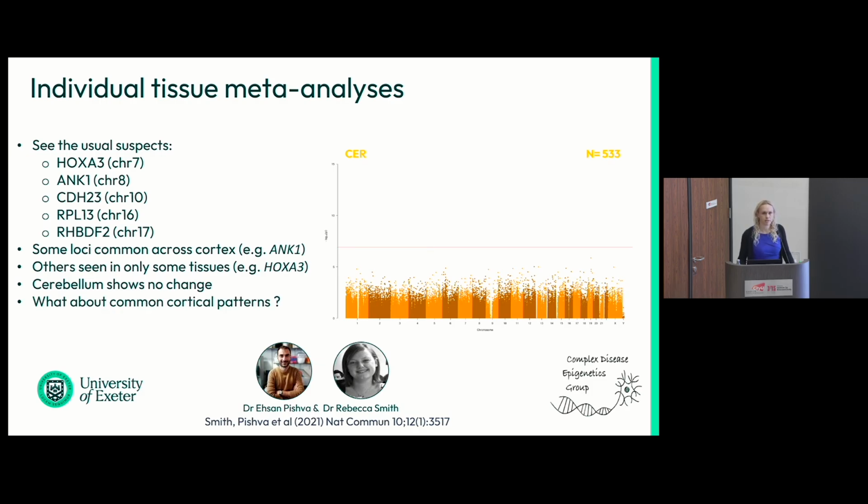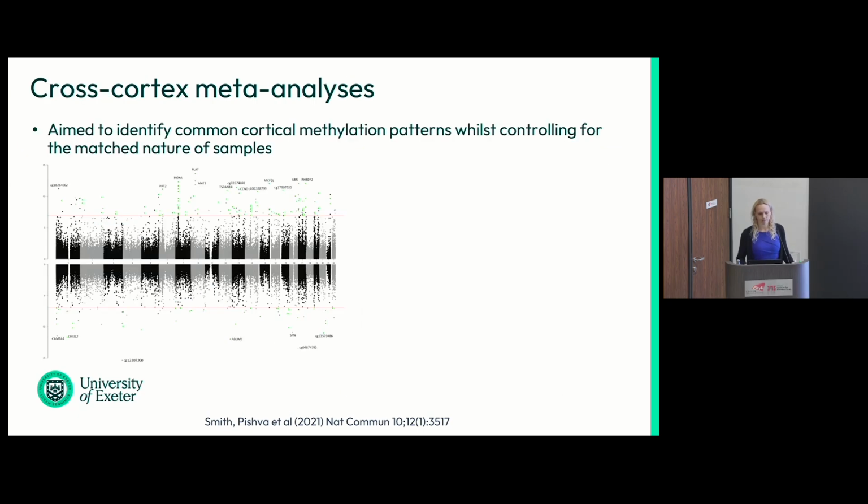Then we thought, can we identify some common changes in the cortex by combining all of the different tissues we have available to maximize our power? For this, we performed an inverse variance meta-analysis, which allowed us to control for the matched nature of some samples, and it resulted in nearly 1,500 unique individuals being used.